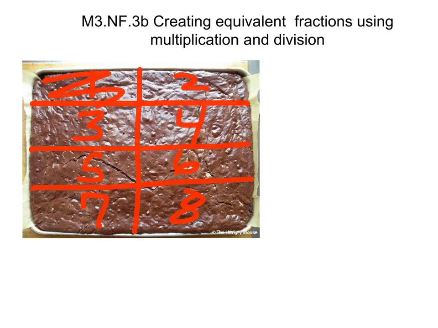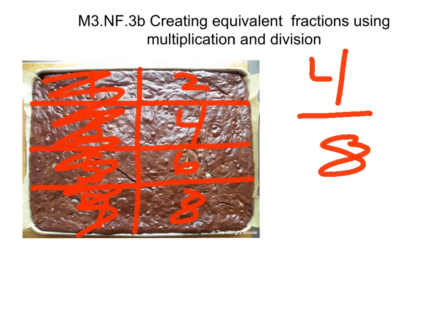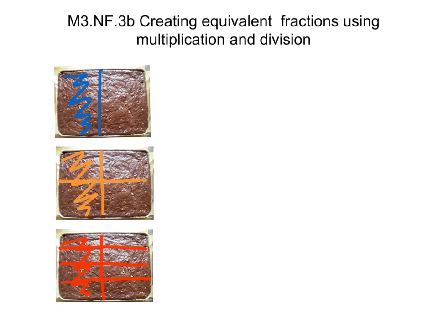And again, I want to share my half, but this time I have 1, 2, 3, 4 pieces out of the 8. Alright, so let's take a look at all of those together. If we remember our first brownie, I split into 2 pieces and served 1. So that was 1 of 2. On the second pan of brownies, I wanted to split it into more pieces, so I took 2 of 4.